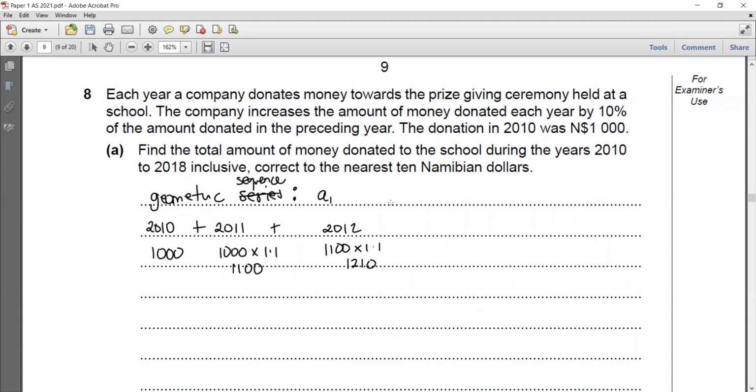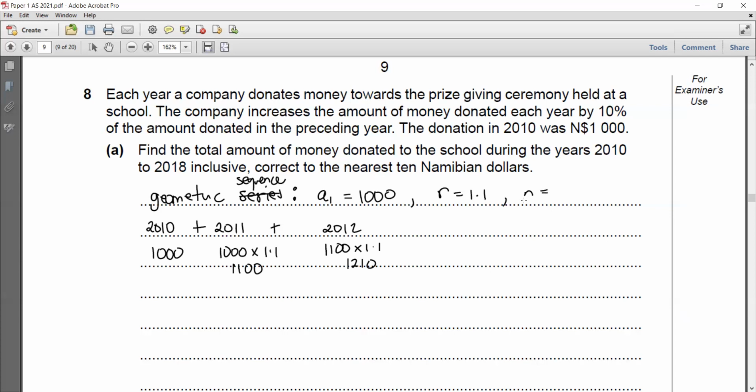The first term is 1000. What is my common ratio R, that means what am I multiplying each term with to get the next one? That's 1.1. And then, because I want to find out the total amount inclusive, how much money have they given to school from 2010 to 2018, I need to know how many years that is.